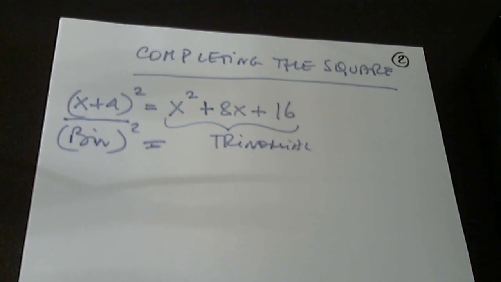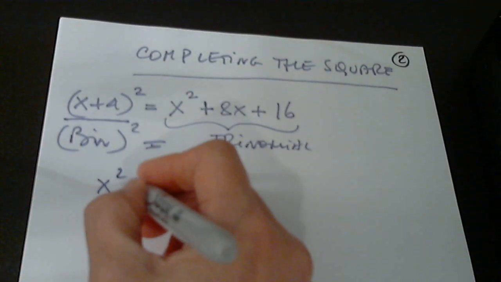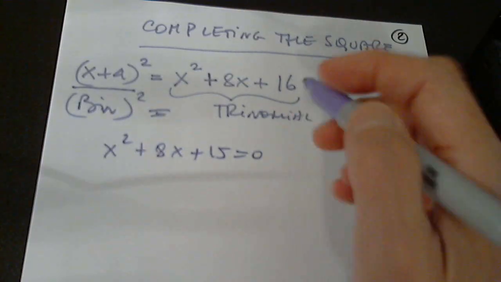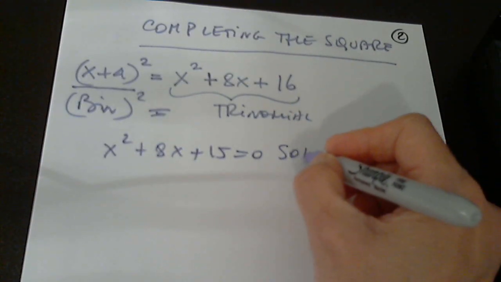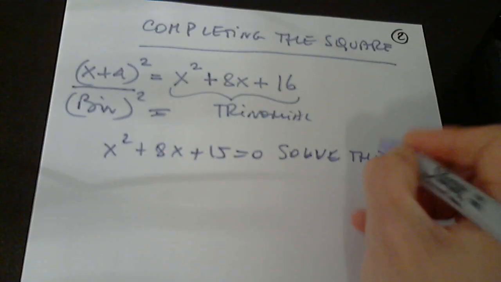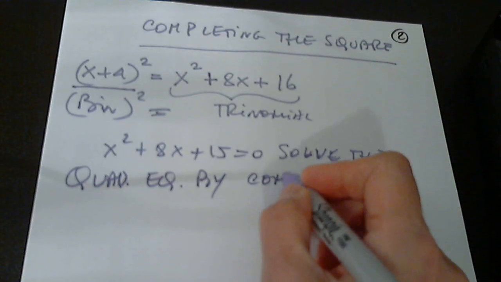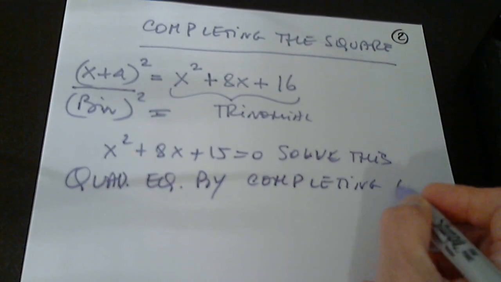Okay, here it is. I know it's asking us to find the most efficient technique. The most efficient technique is not completing the square for this. It doesn't matter, I just want to explain what we're trying to do. So the equation is x squared plus 8x plus 15 equals 0. Let's suppose we are asked, solve this quadratic equation by completing the square.